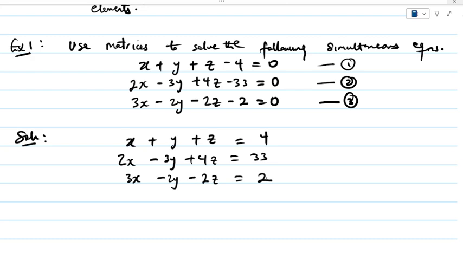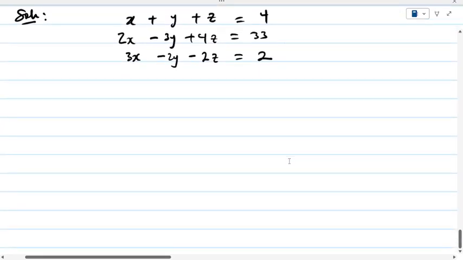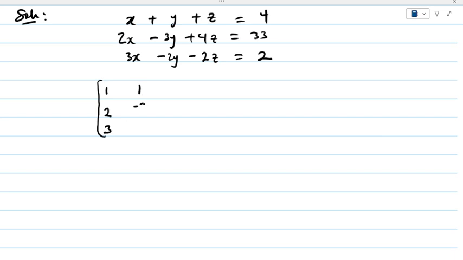So the next thing is to write the matrix equation. Writing the matrix equation, we are going to have the coefficient of x: 1, 2, 3. Coefficient of y: 1, minus 3, minus 2. Coefficient of z: 1, 4, minus 2. Then times the unknown variables, that is x, y, and z.